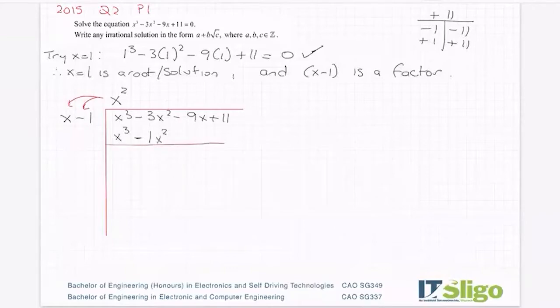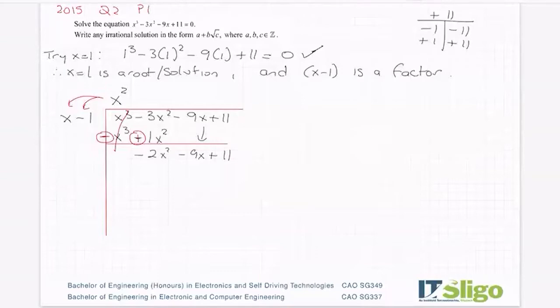Put a line under it, and then you subtract or change the sign to get the difference. So change the sign, they cancel. Minus 3x squared plus 1x squared is minus 2x squared. Okay, we take down minus 9x plus 11.